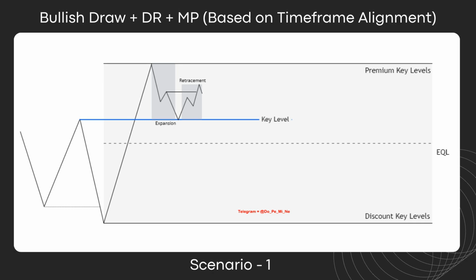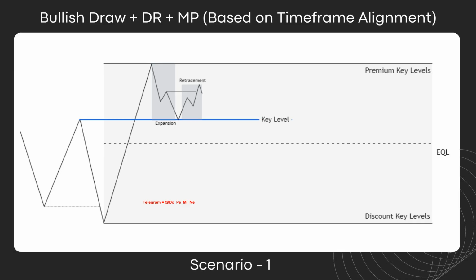Now if you remember the first few chapters, I told you that when an expansion profile tests a key level, the most likely outcome for price will be a reversal. But in this case, we've taken it further and made it more advanced.